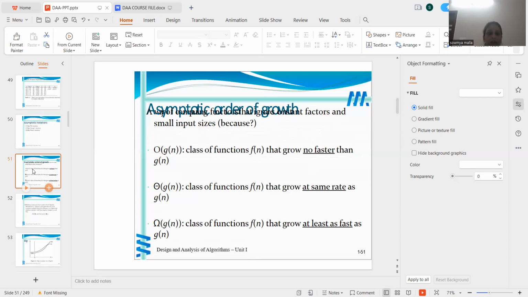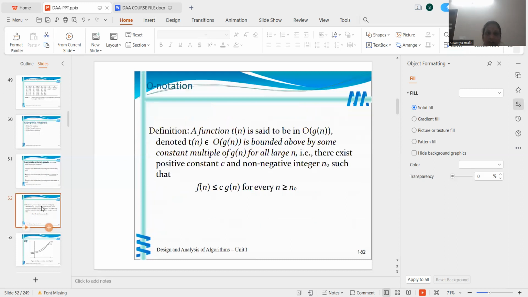In this, the definition of order of g of n: f of n is less than or equal to c times g of n for every n greater than or equal to n naught. What is the meaning of this statement?